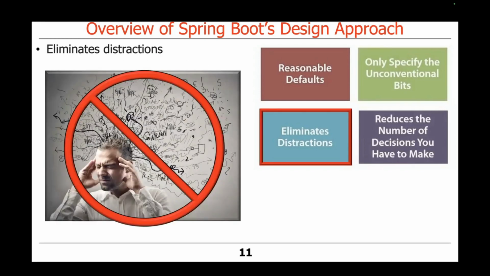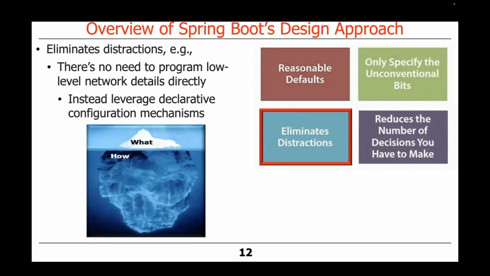Another goal is to try to eliminate distractions. So what does that really mean? Well, in particular, there's no real need for people in modern software environments, especially networked or distributed computing environments, to have to know how to program low-level networking details directly. You should be able to leverage declarative configuration mechanisms that allow you to emphasize what you want to do, and you leave it up to the implementation to figure out how to do it.